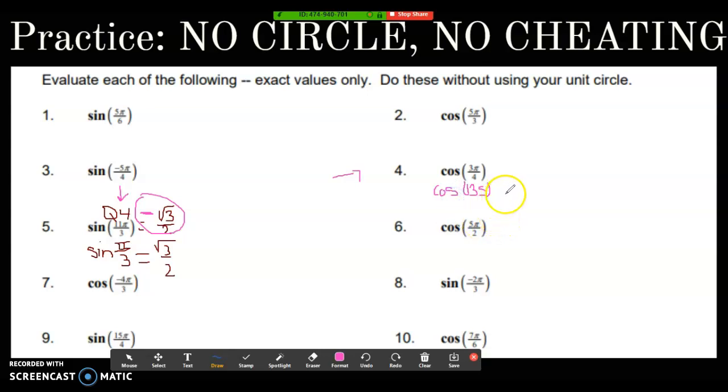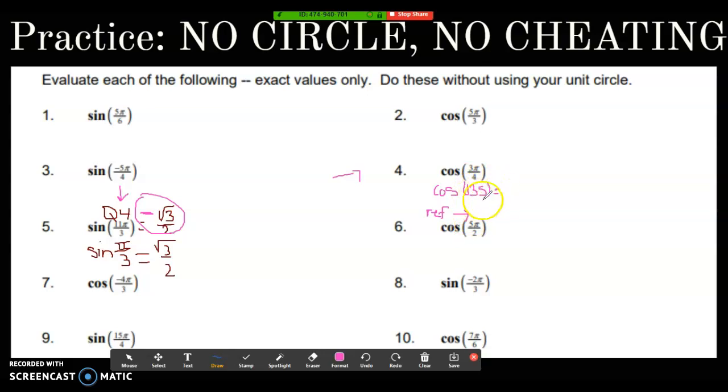If I'm finding the cosine of 135 degrees, this is something on the unit circle. We don't have to find a coterminal angle, but we're still going to use our reference angles to figure out what the sine and cosine are. So what is the reference angle for this? Remember, the reference angle is the distance between the x-axis and the terminal side.